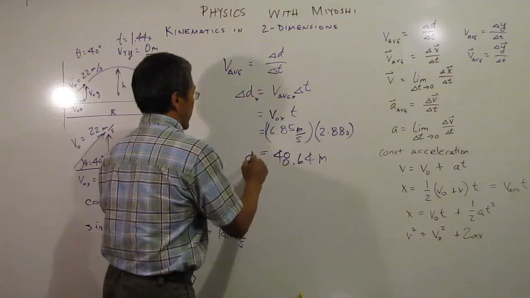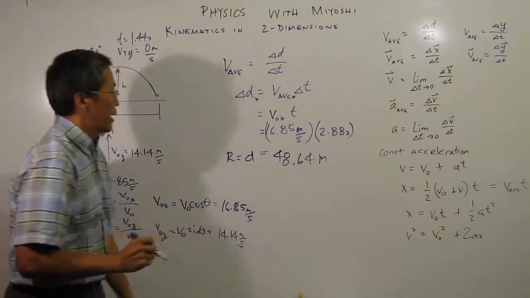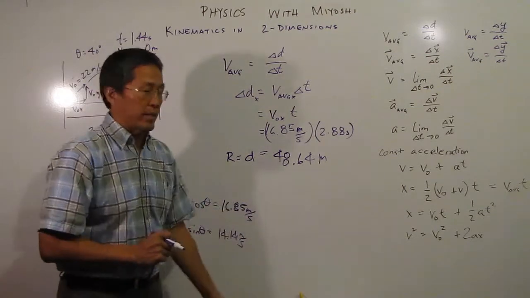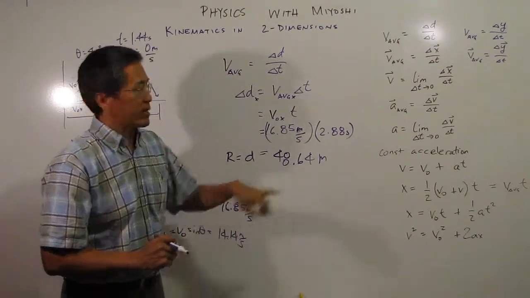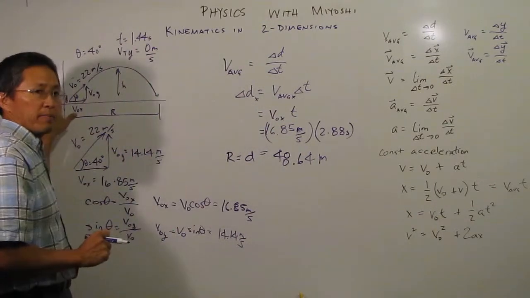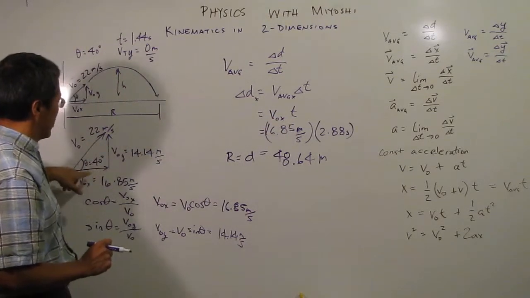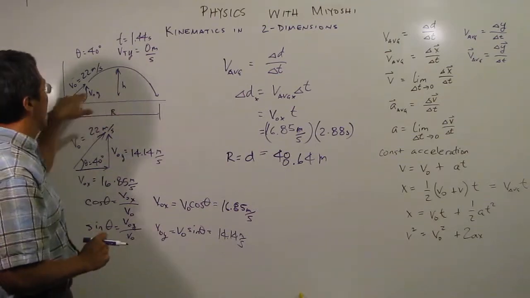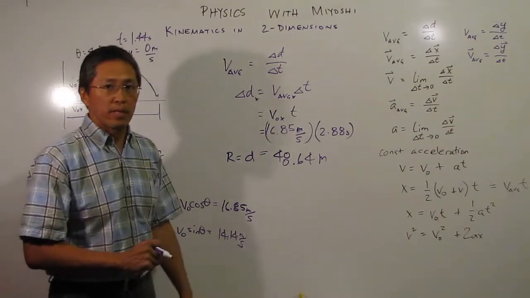Okay, that's going to be my total range, if you will. One other thing to notice, and this is really critical when you start solving these problems: the time stays the same, because it is the same object. Even though we have to do two problems essentially, calculating for the x and the y, the time stays the same because the object is the same object.